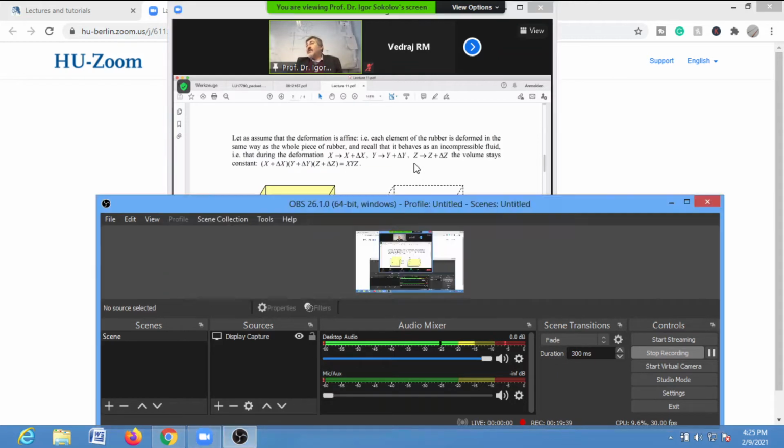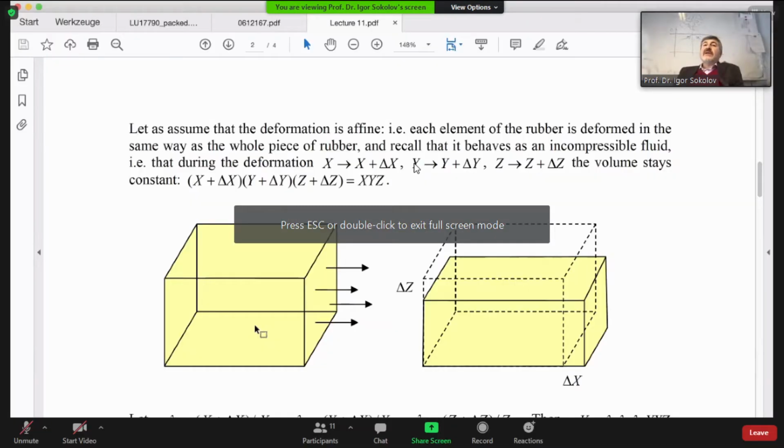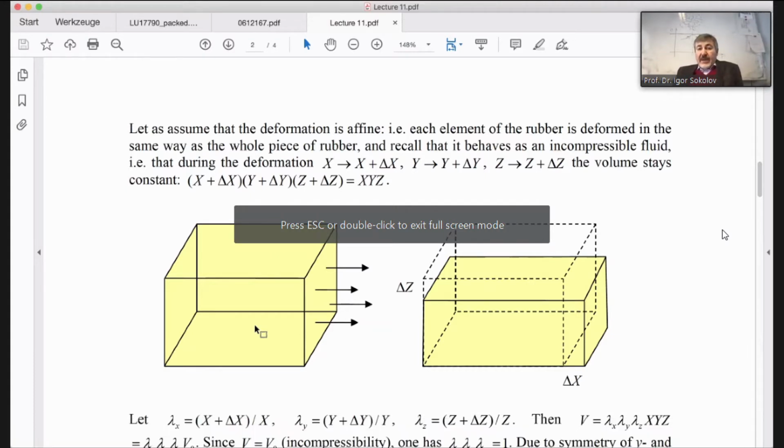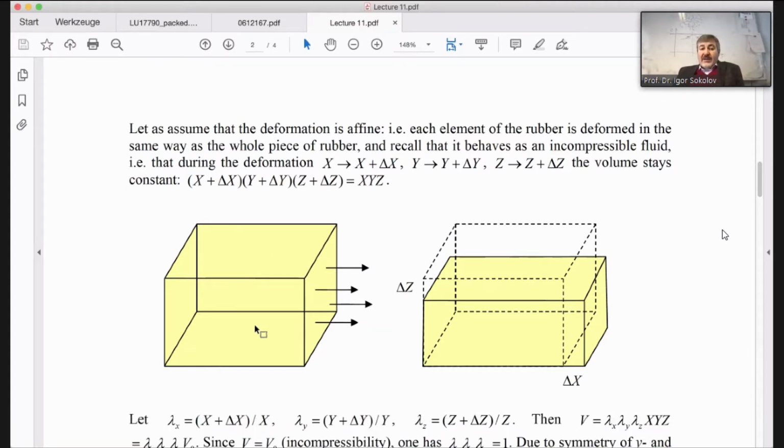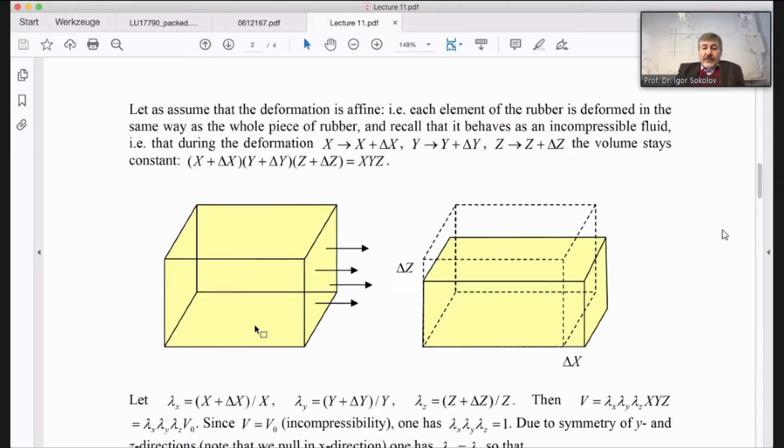And I assume this affine deformation, which means that if I have a macroscopic piece of this material, all small parts, let's say all small cubes in which I can subdivide the large piece mentally, will deform similarly.